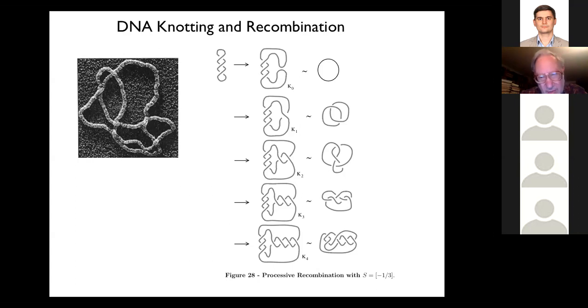And you could then look at a corresponding experiment devised to do processive recombination in DNA using the electron micrograph technique and find that you would see in the spectrum of electron micrographs the same knots. If you did, which did happen in certain cases, then you know something more than you could have known.